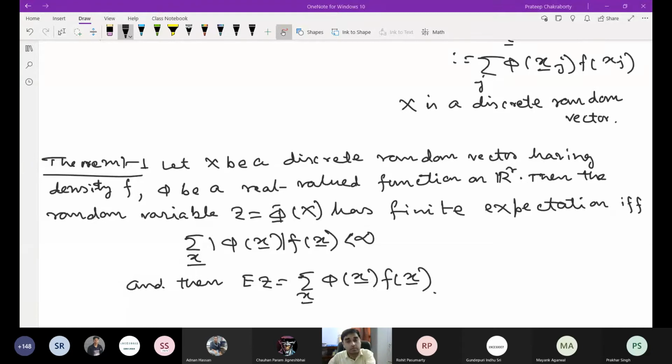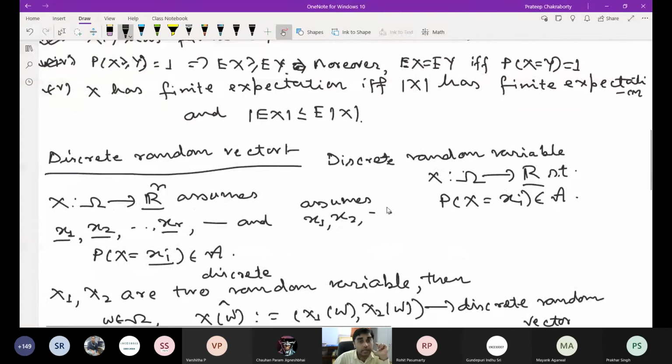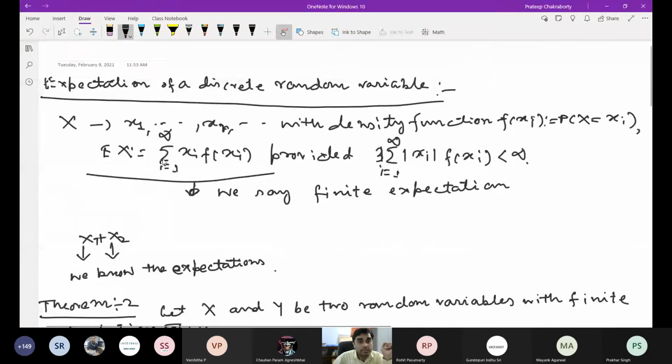Sir, expectation is defined as sigma x f of x or sigma mod x f of x? Expectation is defined as sigma x f(x). You see, we define the expectation this way: summation of xi f(xi), where i varies from 1 to infinity. But we say this expectation is finite if the summation of mod xi f(xi) is finite.